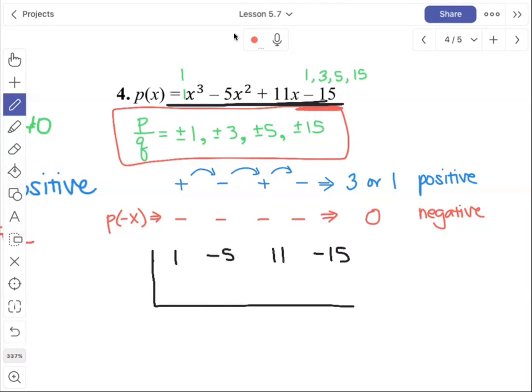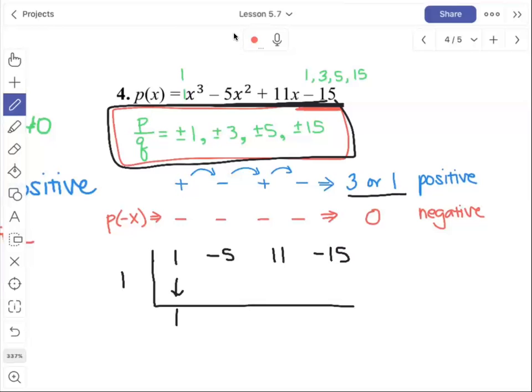Now Jackson, you get to choose. From this list, we only want to test the positive ones, so pick one of those positive numbers to try. 1. Cool. All right, let's try 1. Let's do synthetic division. Help me do synthetic division on the 1. First, you bring it down as just 1.